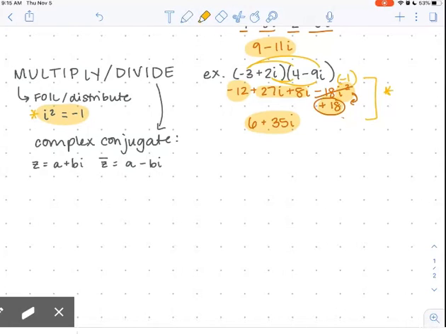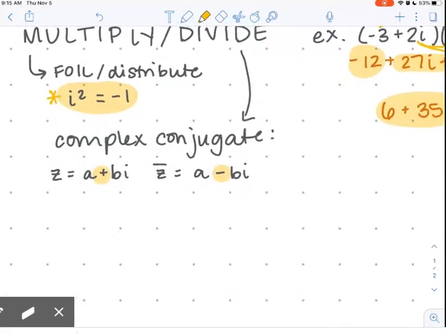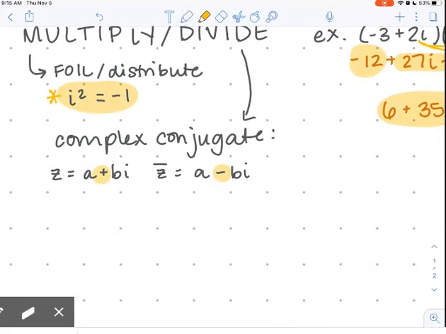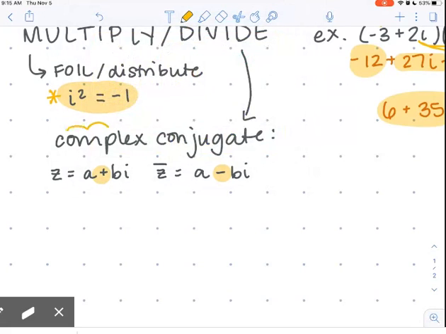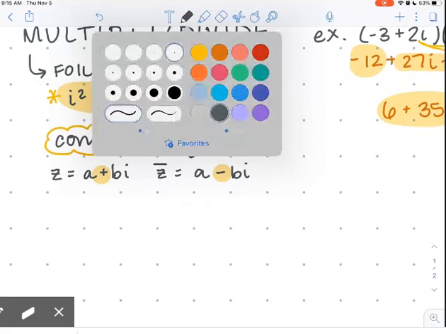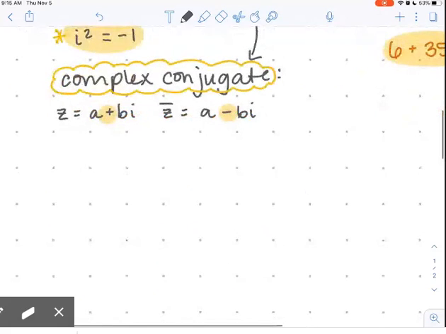So the only thing that's changing is the symbol on the inside. I remember last year some students would try and change the sign out in front of the real part as well. You don't need to do that. It's just the sign on the inside that changes. And the significance of this is that it can be used to rationalize.